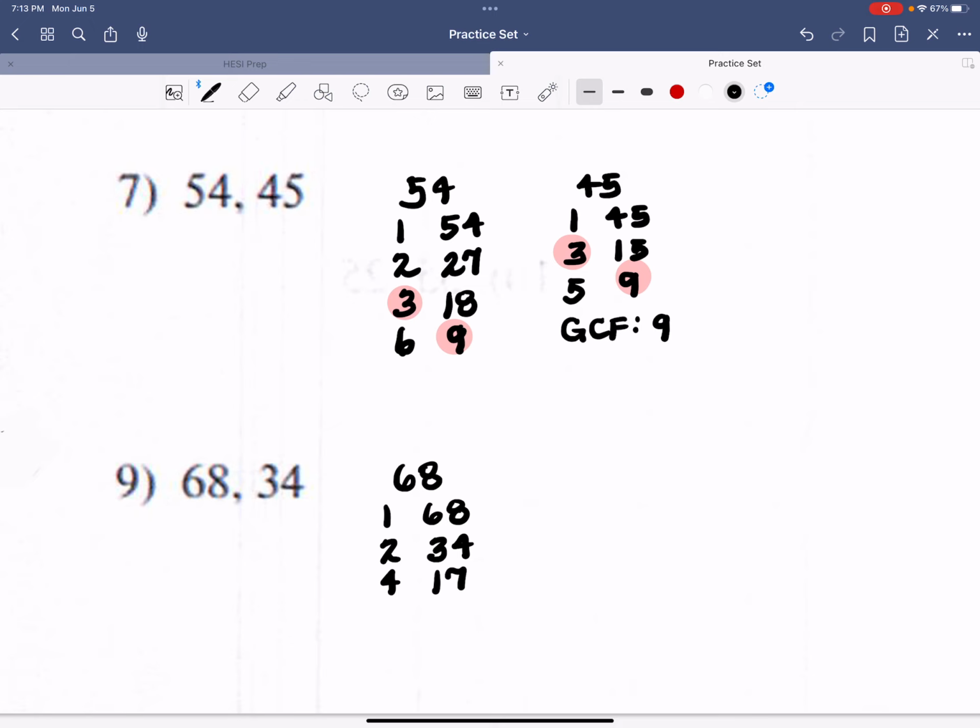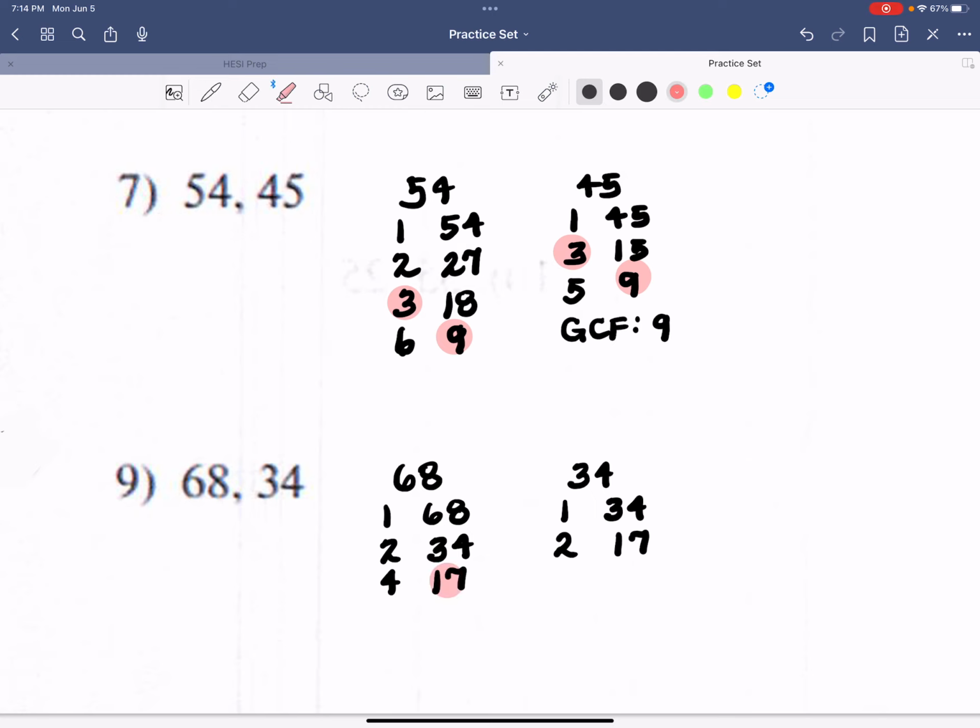No. 5 won't, 6 won't, 7 won't, 8 won't, 9 won't, 10 won't, 11 won't, 12 won't, 13, 14, I don't think so. 15, 16, no. 17 were back there, so that's all of them. And then 34, we have 1 and 34, 2 and 17, 3, 4, 5, 6, 7, that's all of them.